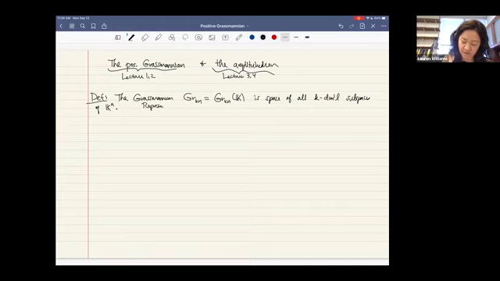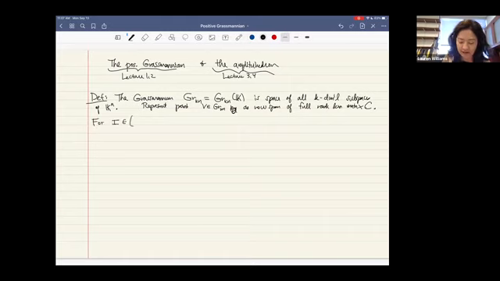And I will represent points in the Grassmannian as the row spans of a full rank k by n matrix. I'll often use the notation C for the matrix. And then we have coordinates on the Grassmannian.